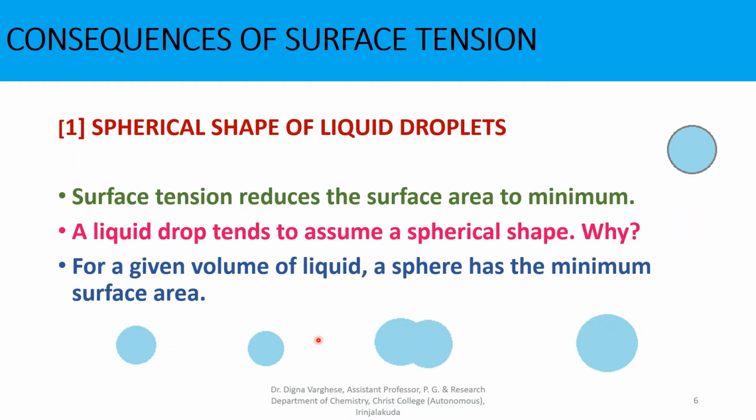Okay, so surface tension reduces the surface area to a minimum. The question arises, why does a liquid drop tend to assume a spherical shape? That is because, for a given volume of a liquid, a sphere has the minimum surface area.